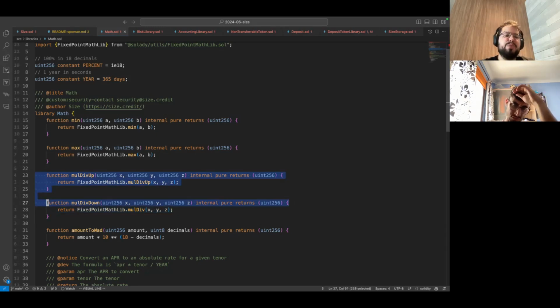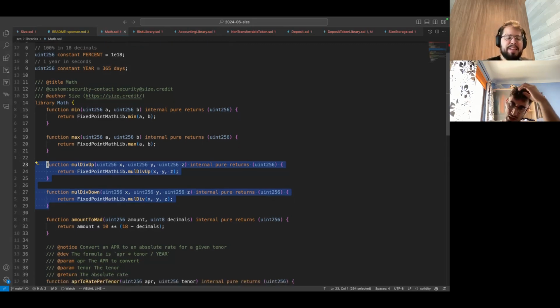But I prefer to make it explicit, so I created a wrapper function here. Yeah, that totally makes sense. I think other fixed point libraries have it explicitly like this, where it's up and down by default. But I don't know why it's this way in Solidity. Okay, no, but I like this.